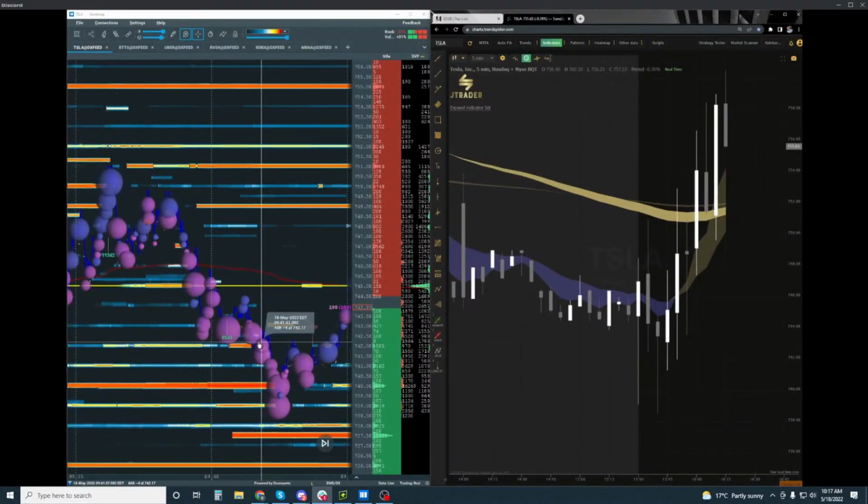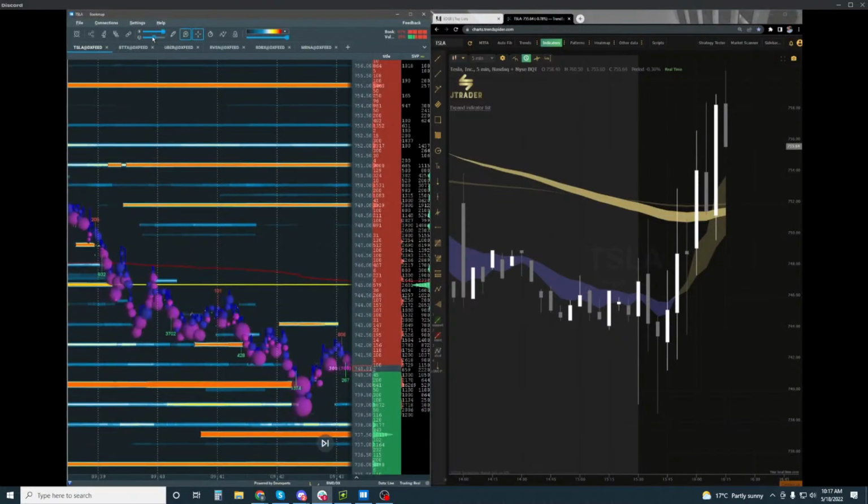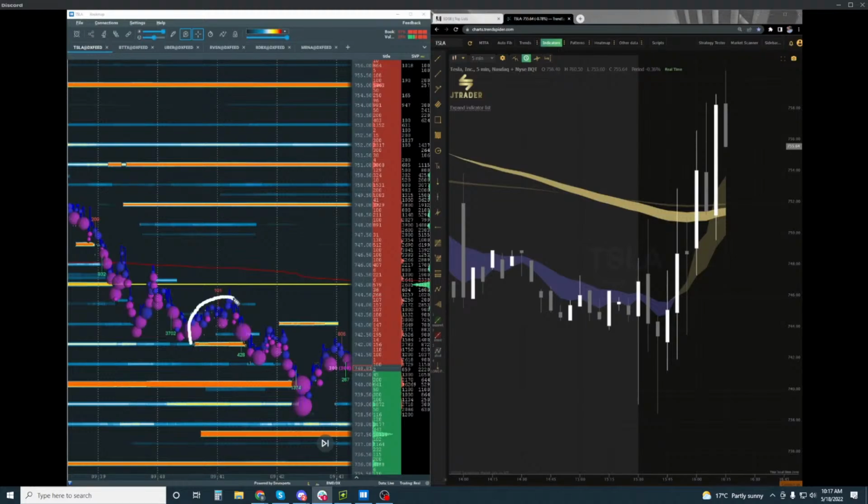Because if you can see, at this level we had a small rounded curl, and you can see that they exhausted at this point. Really, they exhausted like a micro stuff. I saw sellers break down over here, more sellers, wash. And that's the wash over here. So I covered a big partial.